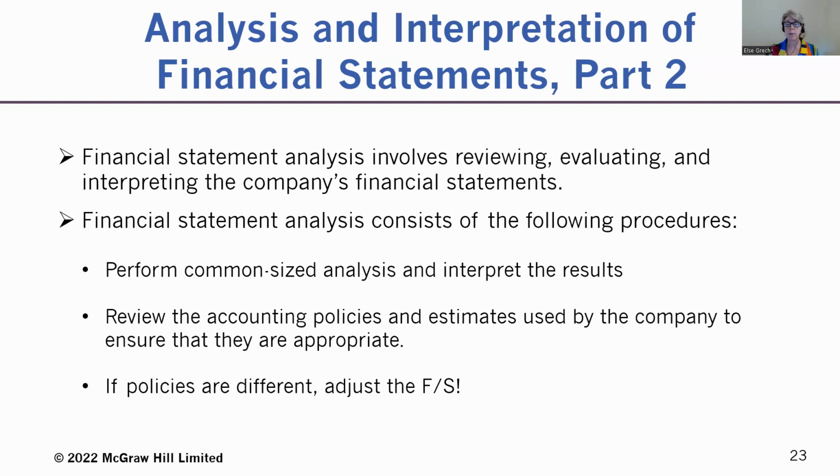Note that adjustments have to be made in a particular order. We start with adjustments to the income statement, then the statement of financial position, and then the cash flow. And I'll be honest, cash flow rarely is changed because cash is cash. Any changes to the income statement and the statement of financial position are unlikely to change the cash flow statement anyway.